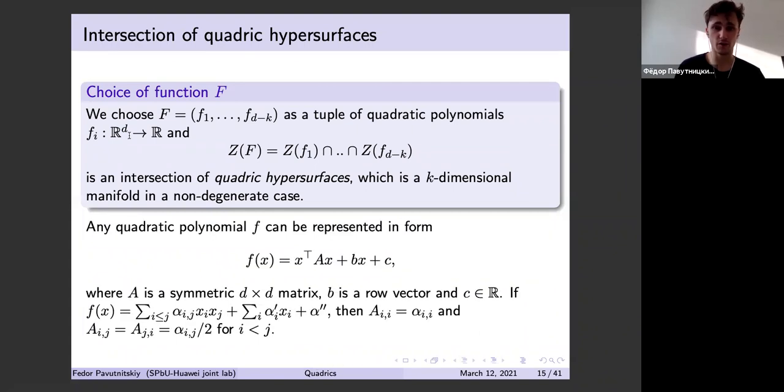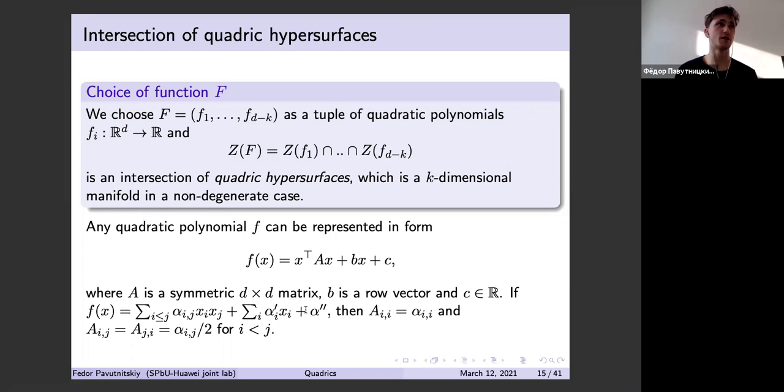A couple of words about how to present this. In general, any quadratic polynomial can be presented in this form. You have some bilinear form on X with some symmetric matrix A, which is the quadratic part, the quadratic monomials. Then a multiplication by some row vector and some free term.